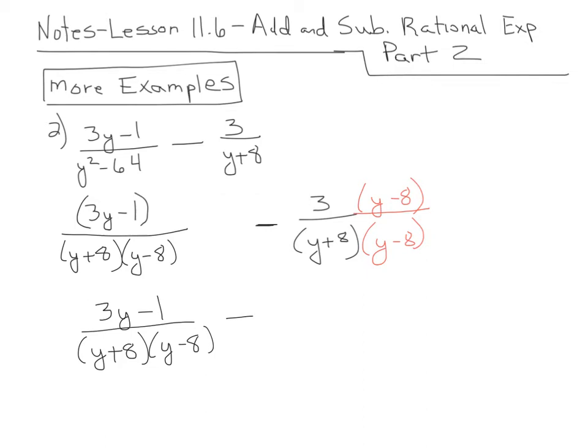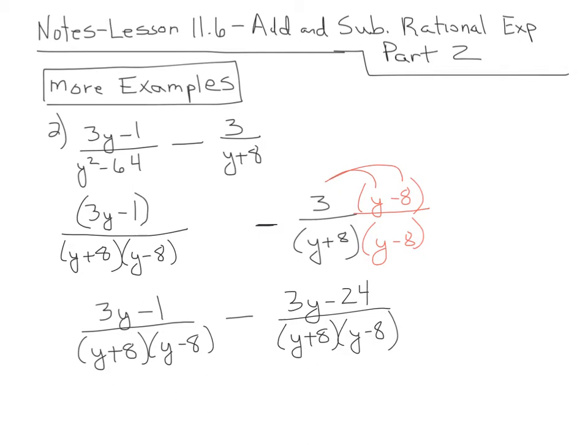Minus. And this numerator we can distribute. So I'm going to distribute. That'll give me 3y minus 24. And I'm going to leave the denominator alone. Don't bother multiplying out the denominator. It's extra work you don't need. Alright, the next step, add and subtract like terms in the numerators.